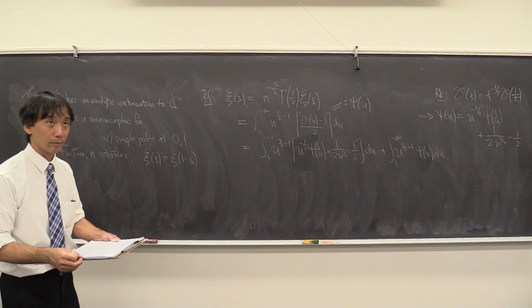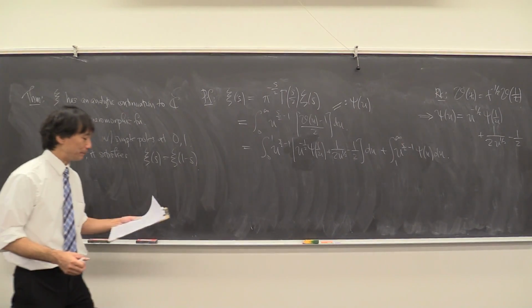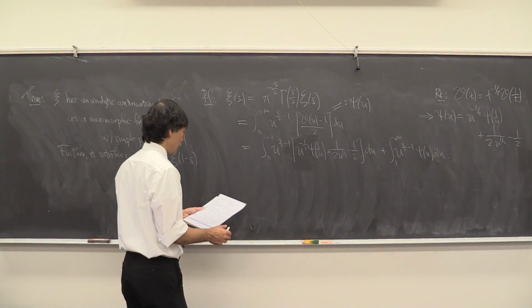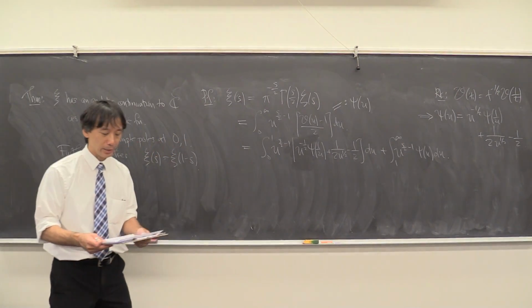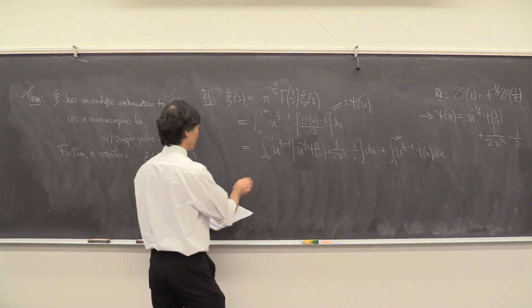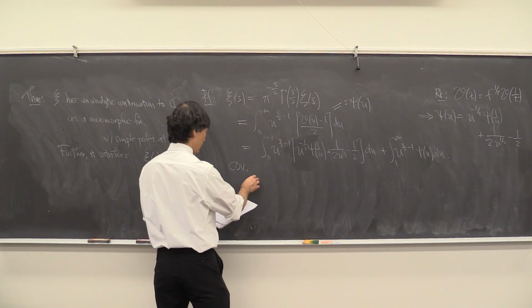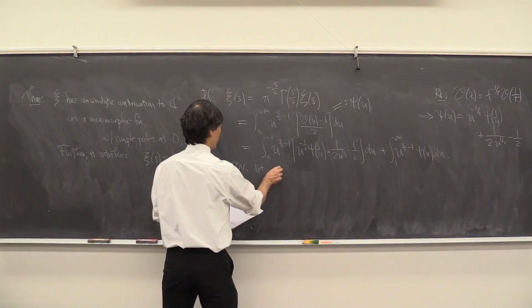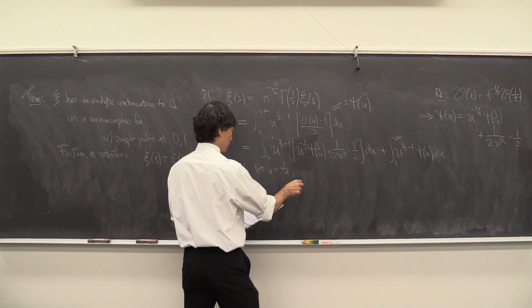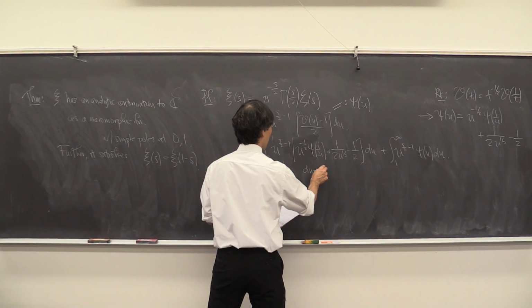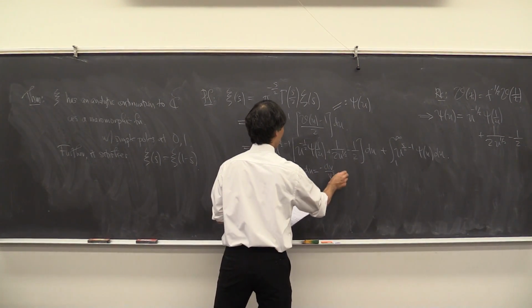Okay. So at this point we do a change of variables. Let v be 1 over u. So du is negative dv over v squared.